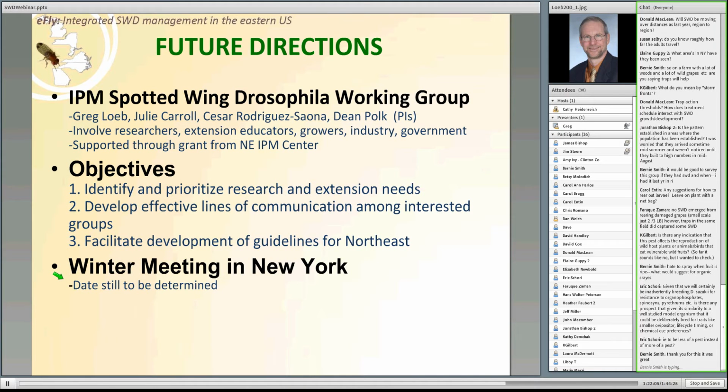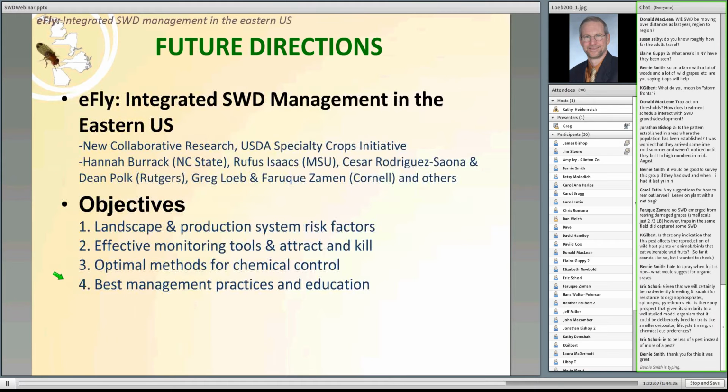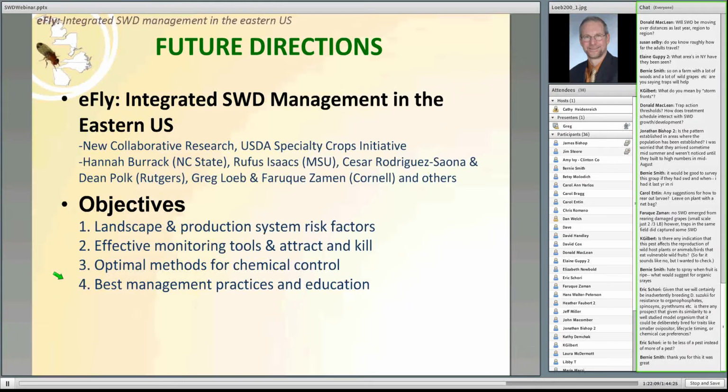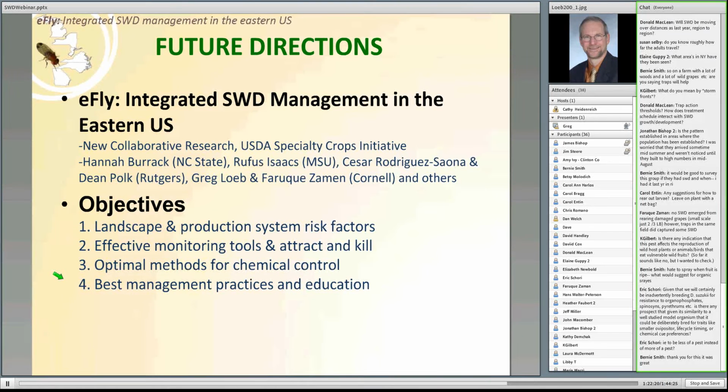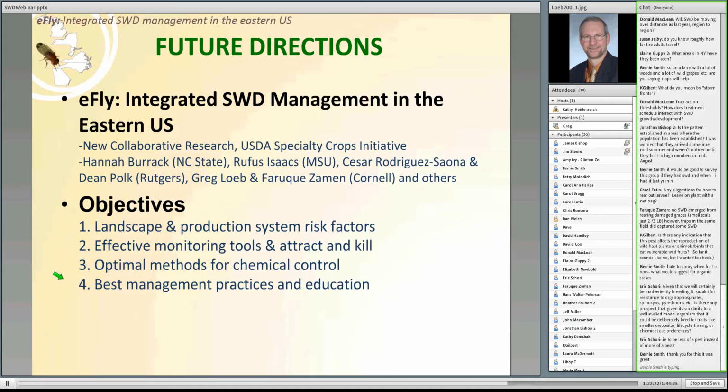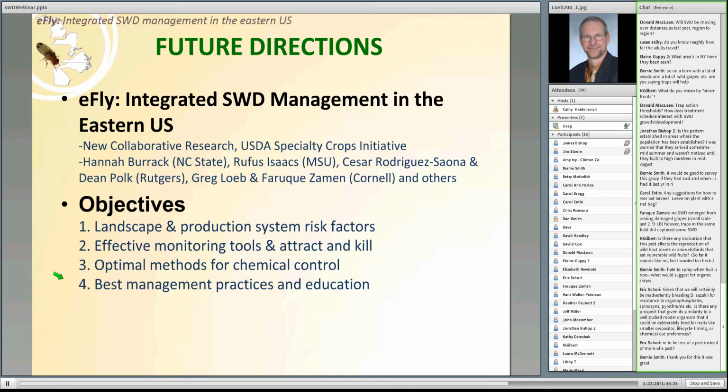One other major project we hope to see coming is a project funded by the USDA Specialty Crops Program. This was headed up by Hannah Burrack at North Carolina State, but involves a number of us in the area. This would be significant research to develop a better understanding of the biology of this pest and to develop optimal control methods. You can see the objectives there.